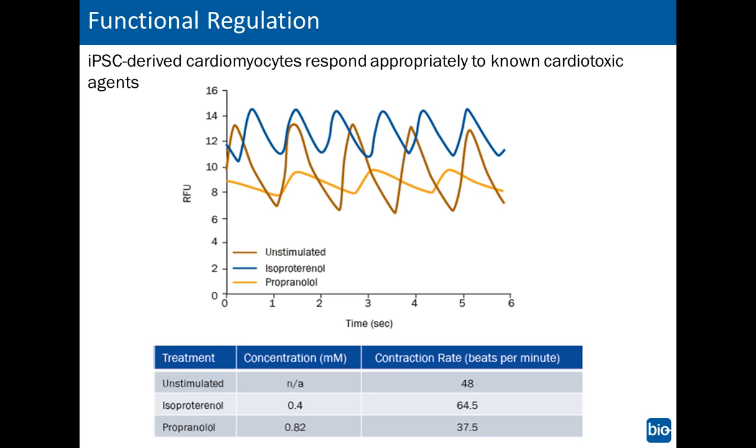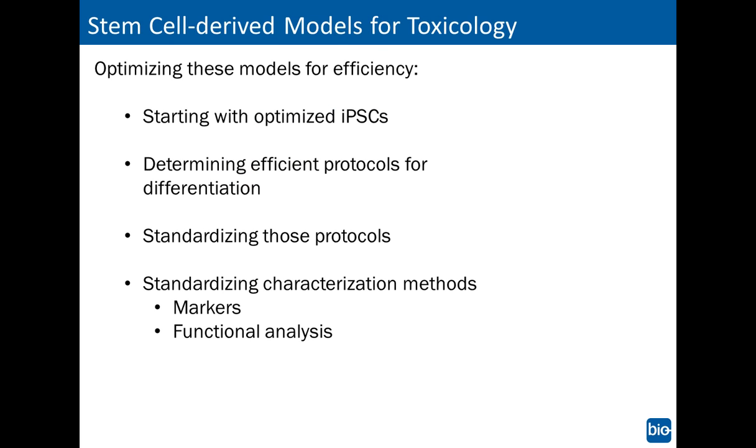So in this graph here, we're looking at unstimulated, in brown is the beat rate of unstimulated cardiomyocytes. So this is the normal cardiomyocyte beat rate pattern. And then we can add agonists and antagonists into the system to increase or slow down the beat rate pattern of these cardiomyocytes. So validating that they are responding like they should to agents that we're exposing them to.